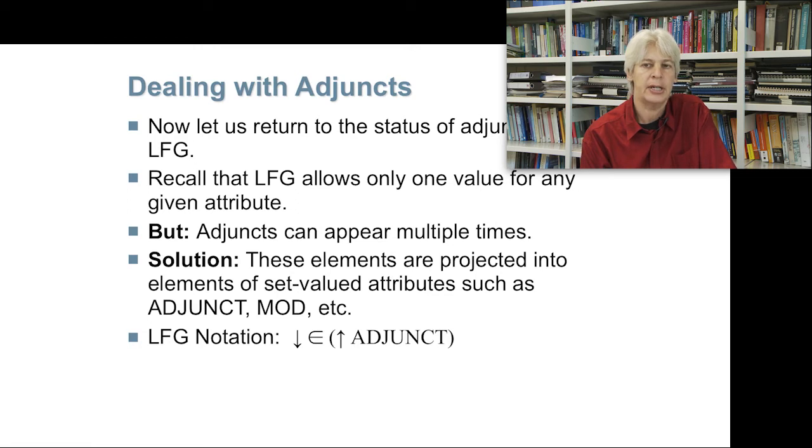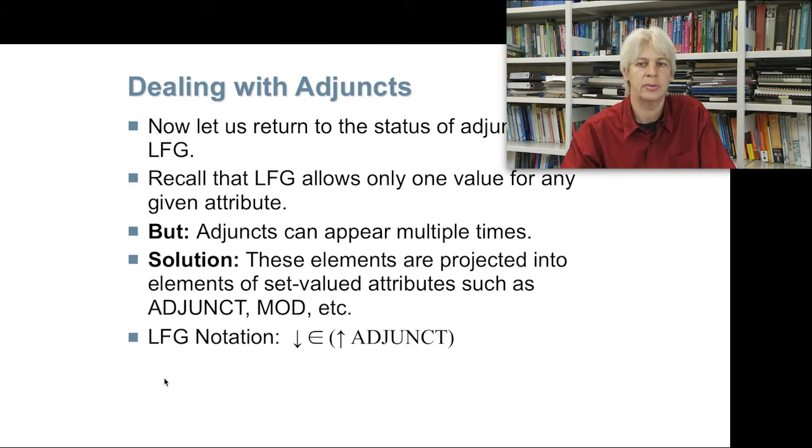And the LFG notation of how to do that in the functional annotation is this: down is an element of up's adjunct. So if you've got an adjunct, like an adjective or a prepositional phrase, you say this thing is in fact an element, not equal, but an element of the up's adjunct set.